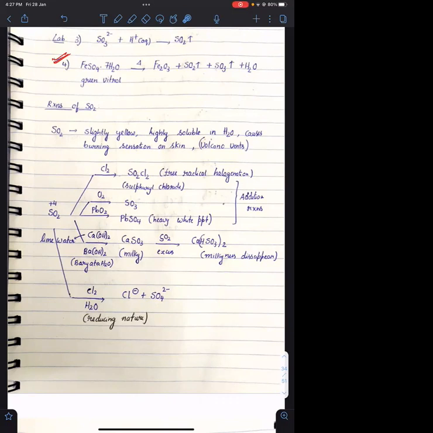If it is a reducing agent, what will happen to itself? It will be oxidized. Oxidized means loss of electrons. It is already in the +4 oxidation state, so the +4 oxidation state will convert into the +6 oxidation state. Whenever SO2 acts as a reducing agent, its +4 oxidation state converts into +6.